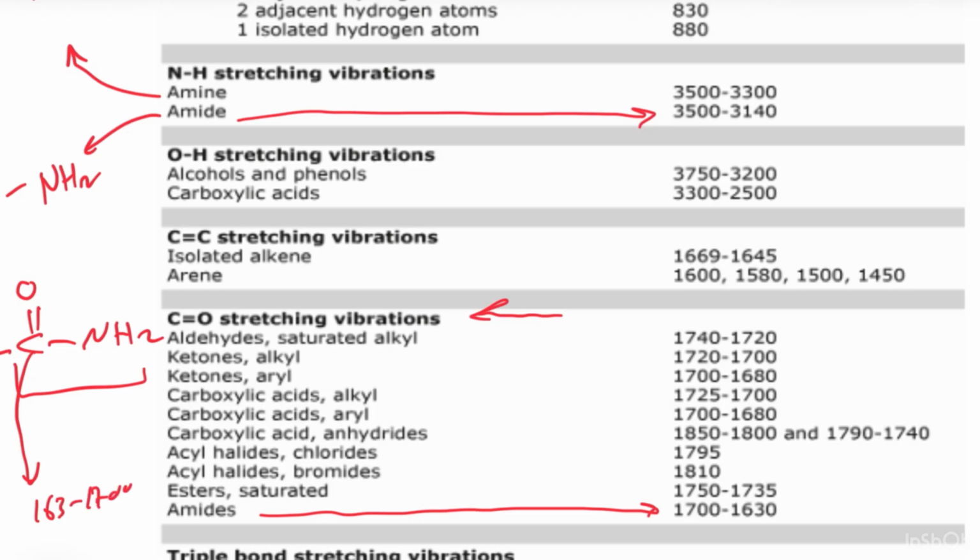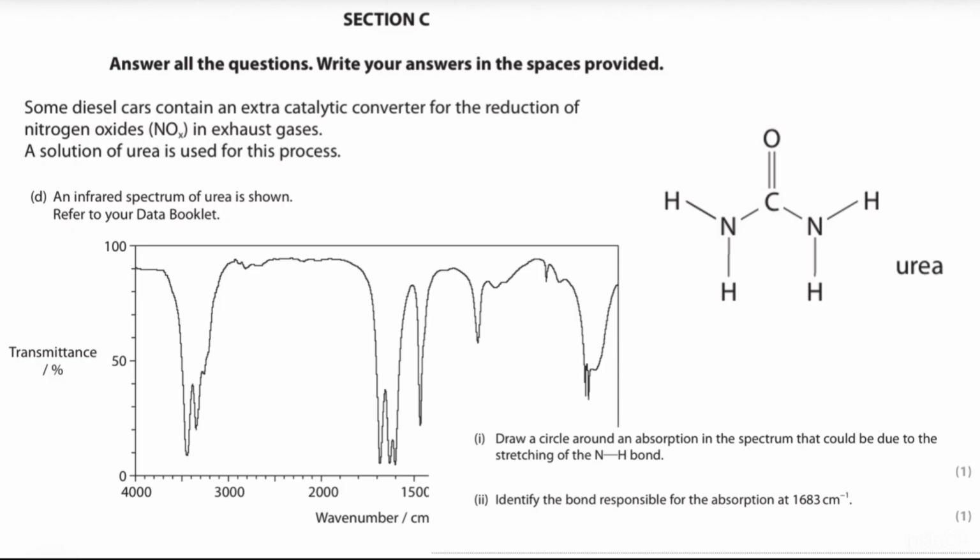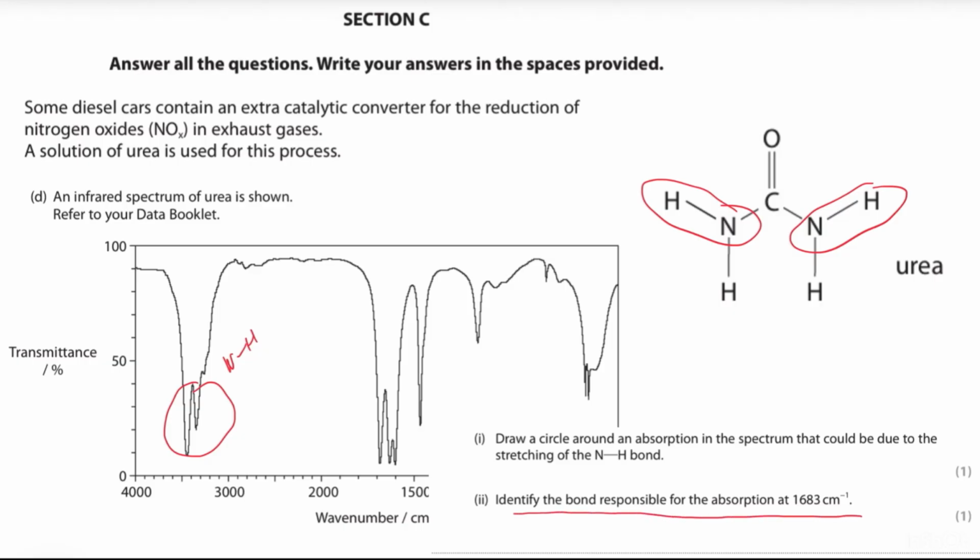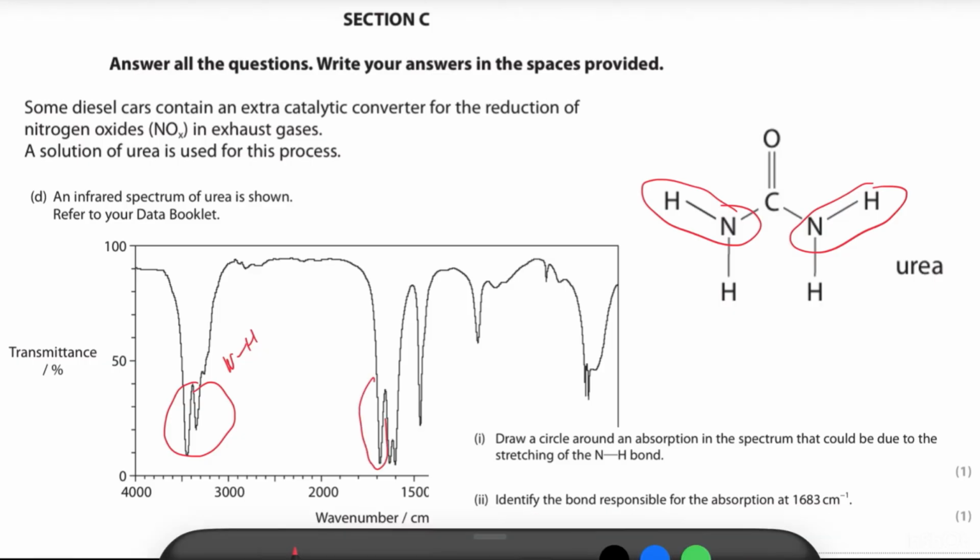Now let's go to the question. Since we have an NH in here, definitely this is the NH stretching. The second question says, identify the bond responsible for the absorption at this number. We have this peak in here, and it represents the C double bond O.